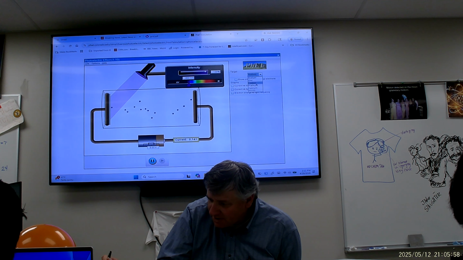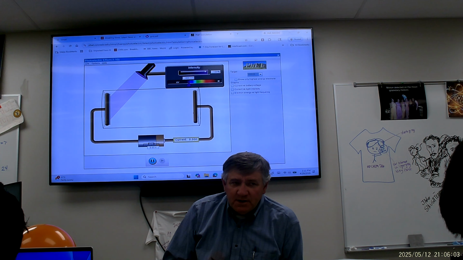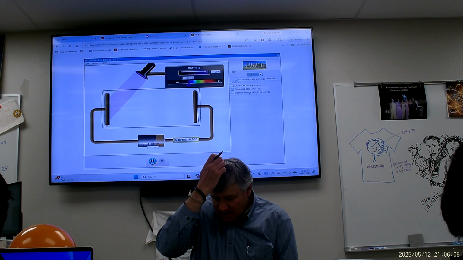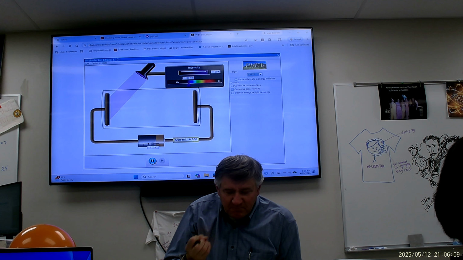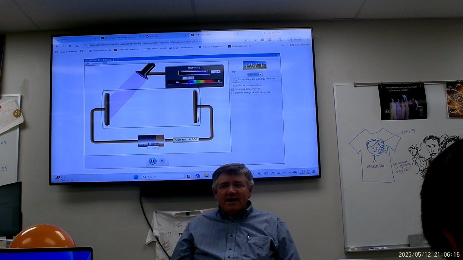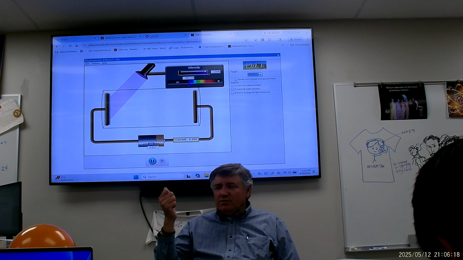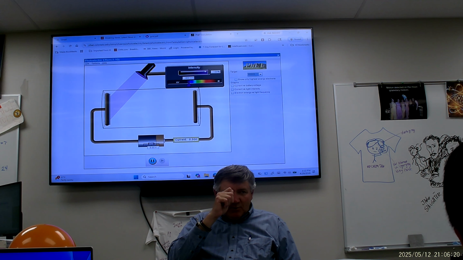So what you want to be able to do, and physically if you were doing this in lab, keep in mind, you cannot have an apparatus where you can fine-tune a wavelength and change it by 1 nanometer at a time. So here's the big idea.